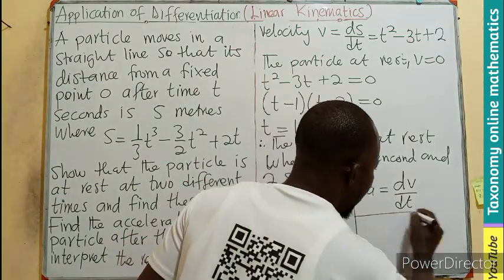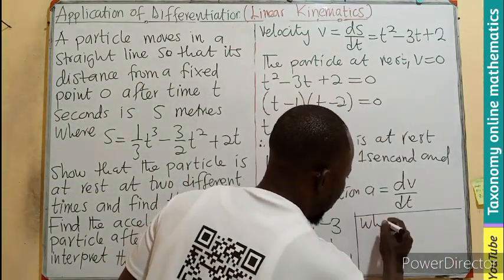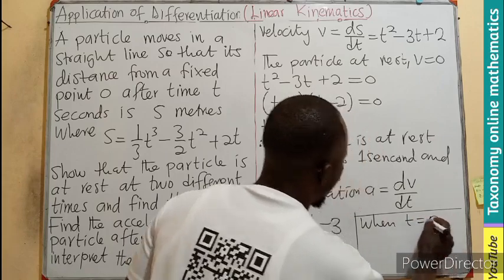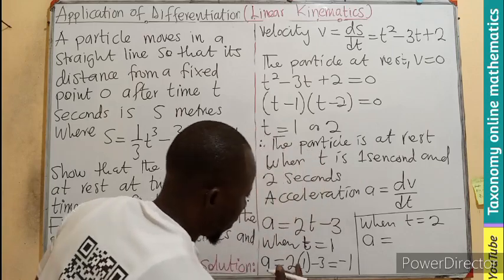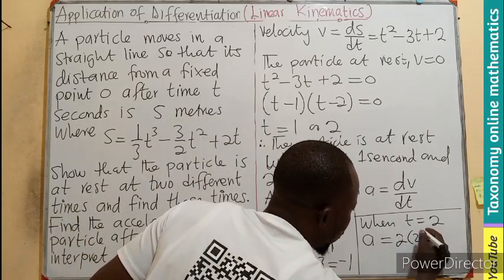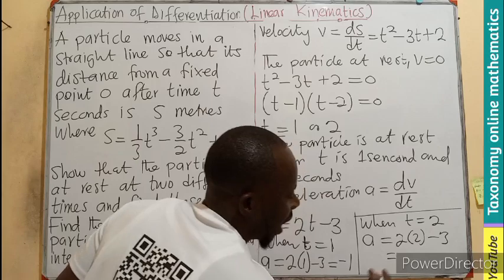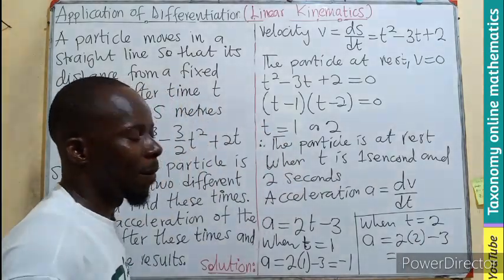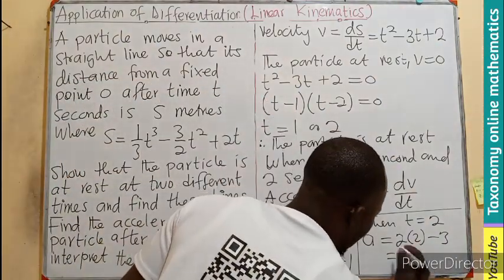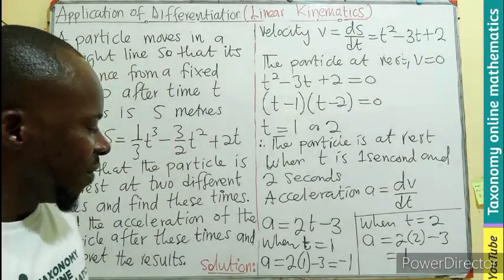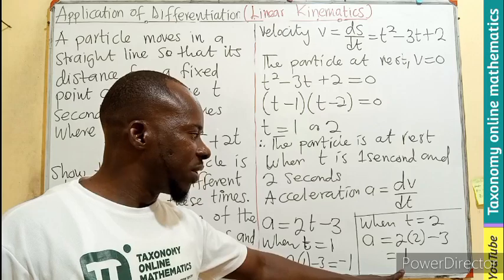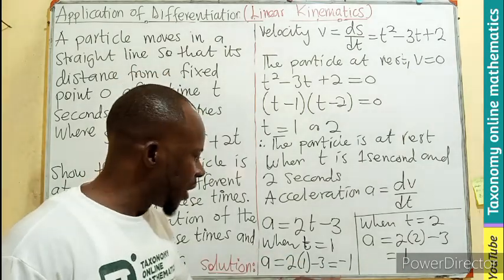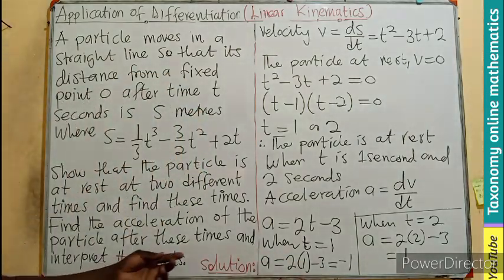Then when t also equals 2, the second one, your acceleration is going to be 2 times 2 minus 3. That will be 4 minus 3, which is positive 1. So now we have minus 1 and positive 1. The next thing is to interpret the result.